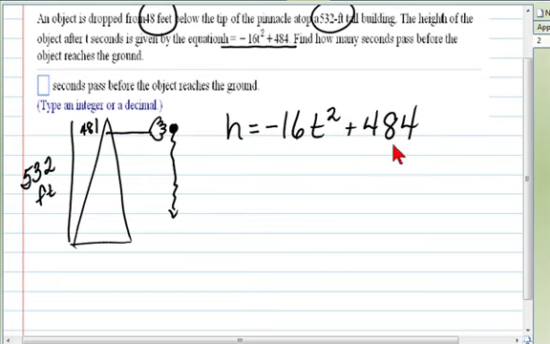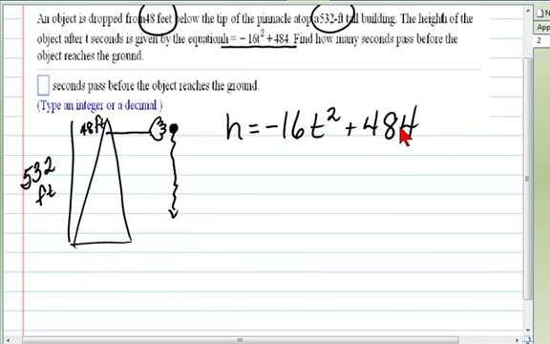The last term, the constant, has to do with what height the object is when it starts its fall. If you took 532 and subtracted the 48 feet, then you would get the 484. So that's where it started.